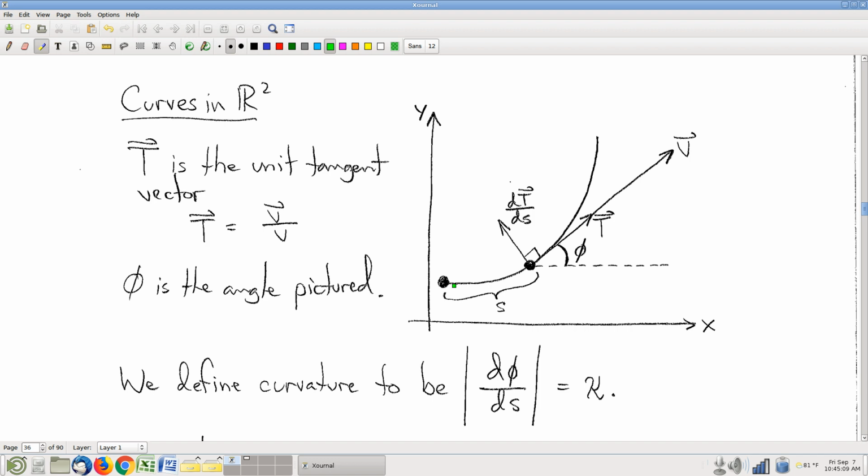So here's the definition that we're going to make for curvature. Wherever I might happen to be, there's a unit vector defining the direction that I'm going. It's easy to see, by the way, that that unit vector is just the velocity vector divided by its own magnitude. It's the unit vector pointing in the direction of velocity.